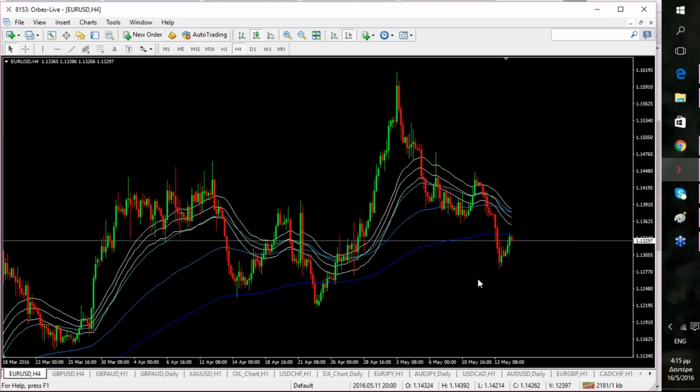As you can see, they are not giving you a clear direction. Even the EMAs on the 4 hour chart are not giving you a clear direction of where the market would like to go. The 3 lines are not moving clearly upwards, and they're not even moving clearly downwards. All right, okay, so that's on the 4 hour chart.